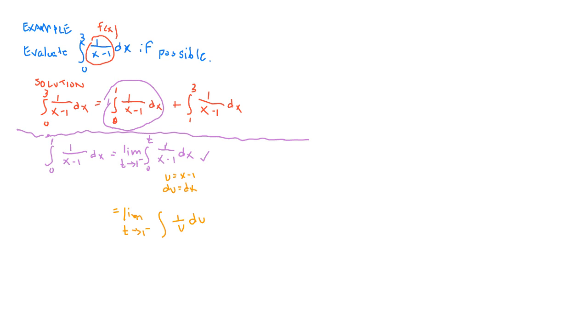What's the top limit become? Or no, let's do the bottom. What's the bottom limit become? What's our new u limit going to be? The x limit was 0, but now we have a u limit. Minus 1. Minus 1. Good.